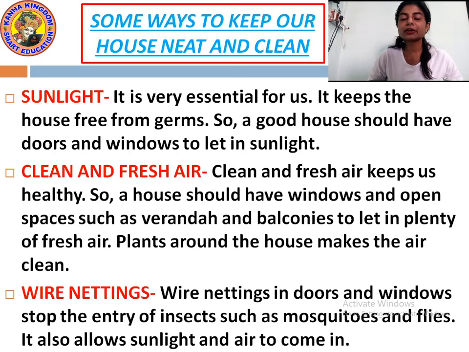If you build doors and windows in the house, you always put wire nettings in them, so that even if you keep your door open, the wire nettings will not allow insects like mosquitoes and flies to enter inside your house, and it will allow sunlight and fresh air to come inside. That is why people must put wire nettings in their doors and windows. Understood? Now let us move to the next point.